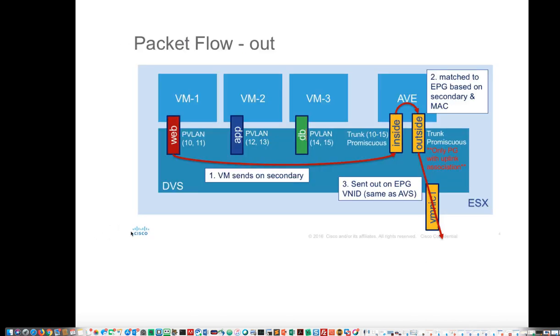This diagram shows when packets are going out from the VM, they come from the VM and they go on the secondary VLAN. So if you look at any of these interfaces, they are PVLANs, and they have a primary and a secondary VLAN, and the VM sends out on the secondary.